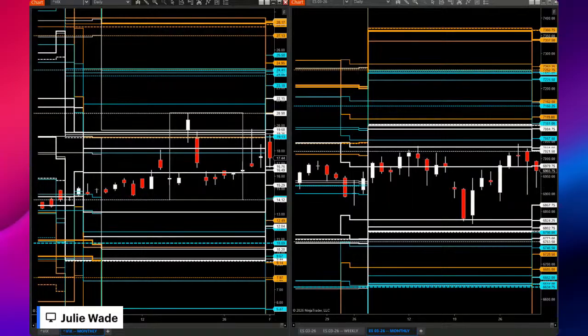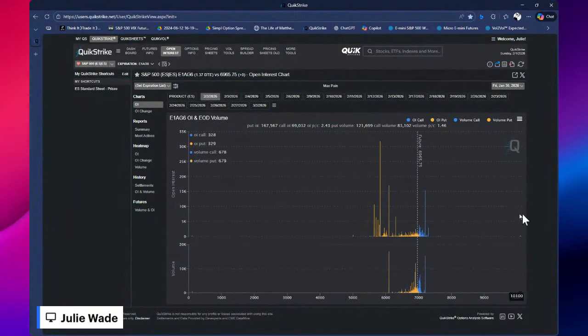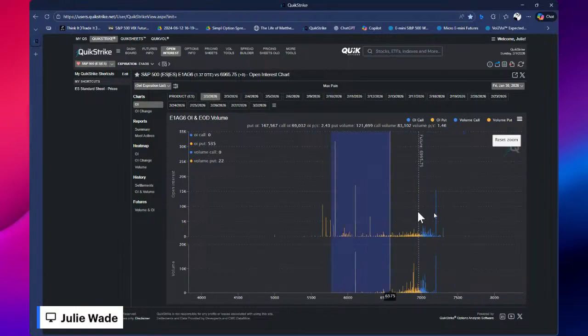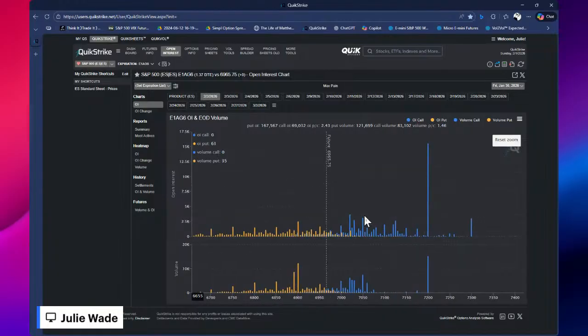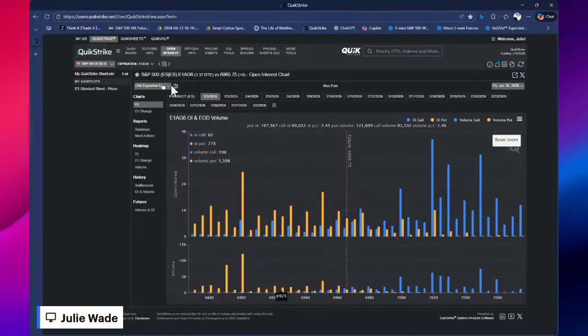And you can take a look at your volume. Here is our 69.65. And you see the high call is up here, 7,200. And it looks like there's far more calls than puts.